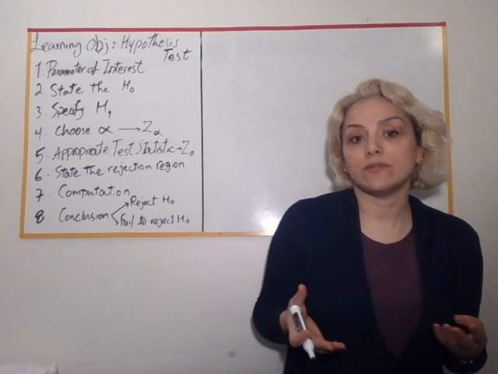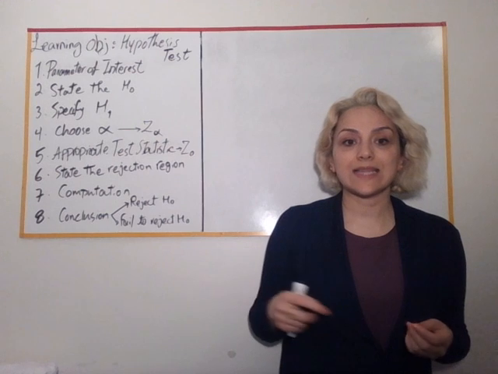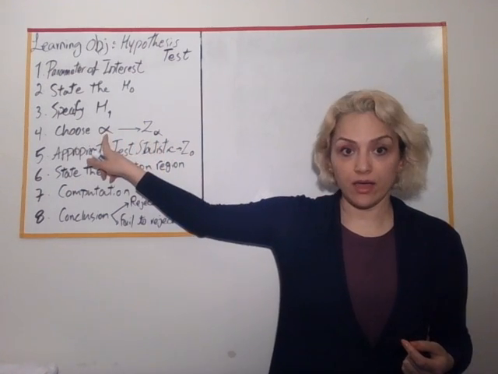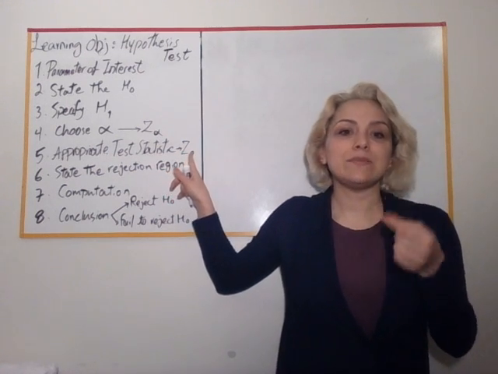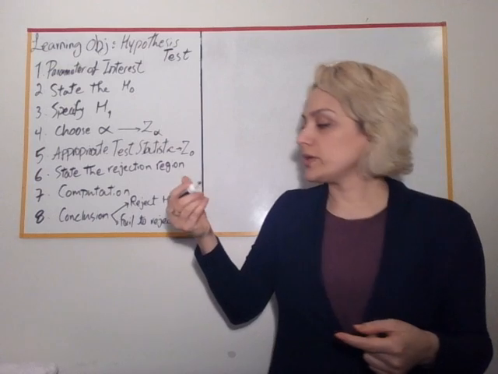Another way that we can make our conclusion is by comparing the alpha with something similar to the alpha that we will get from the Z null. So look at here.